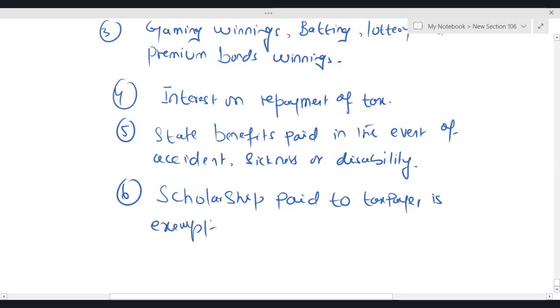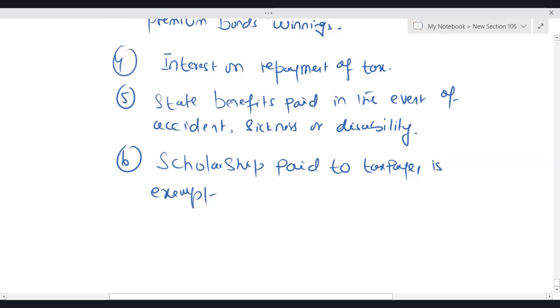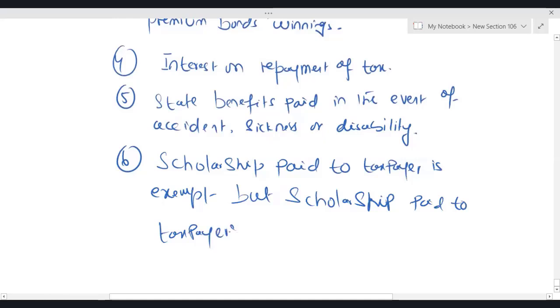But remember one thing: a scholarship paid to the taxpayer's family member is taxable.